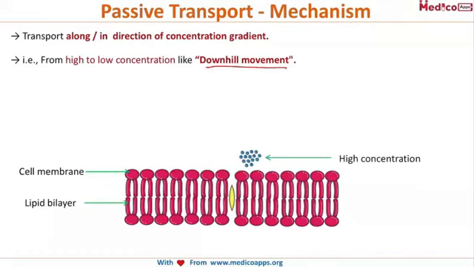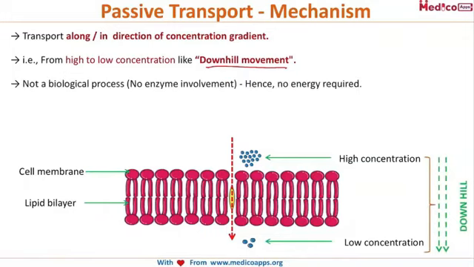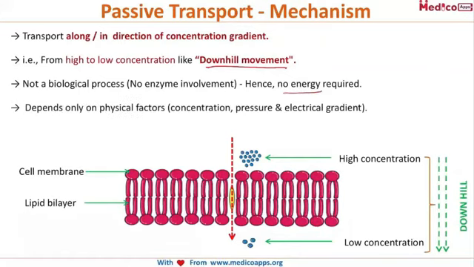See, there is a higher concentration here and then the ions are moving towards the lower concentration. This we are terming as a downhill movement. It is a passive process, that means it requires no energy, that is obvious, and it depends only on physical factors such as the concentration of the ions, the pressure as well as the electrical gradient. These are a few properties of passive diffusion.